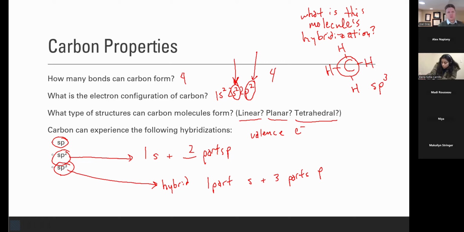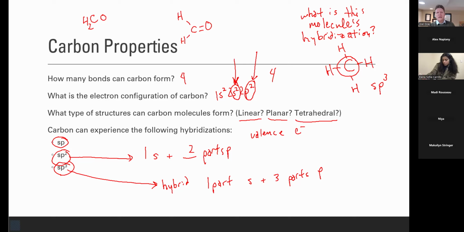So now, if I were to say CH2CO, and I want to know about the hybridization of this molecule, I'm going to draw it. And this is the sort of question I want you guys to be able to answer. I will give you the structure of something.